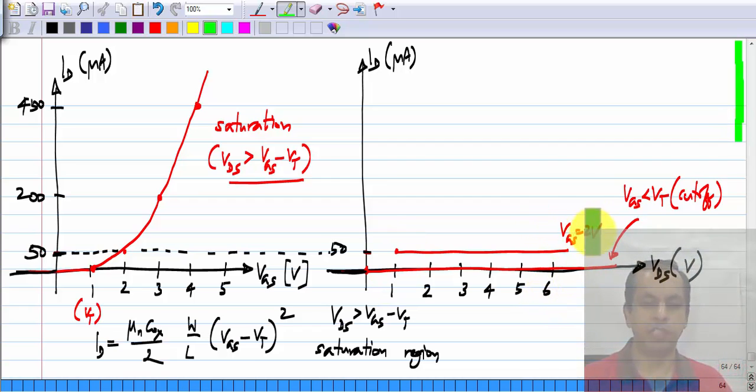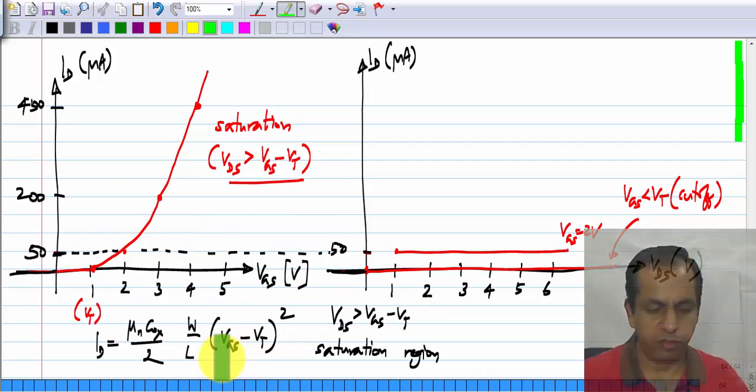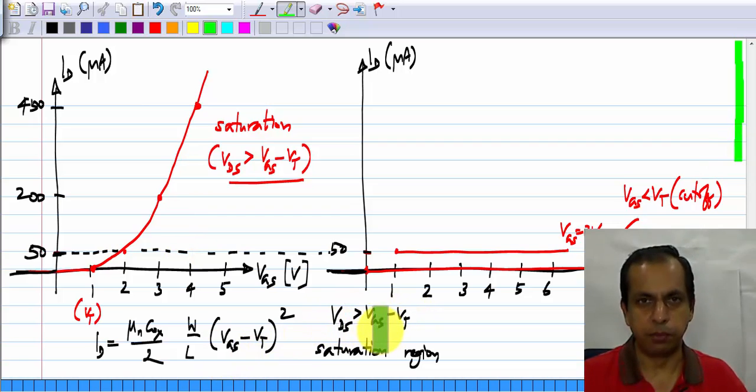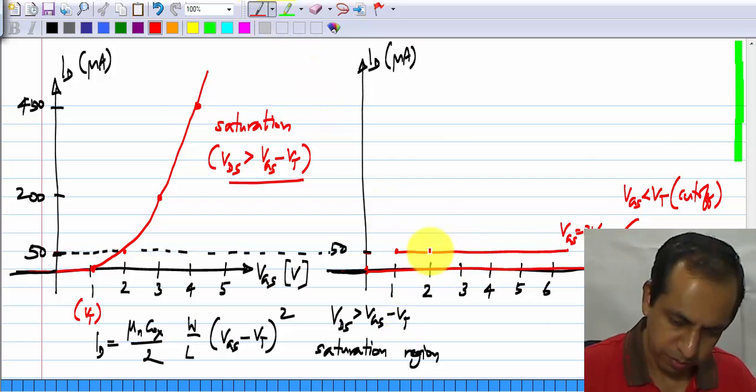Next, let us take VGS equals 3 volts, okay. If VGS equals 3 volts, then this expression evaluates to 200 microamperes as we have seen here, the second point over here, but it will be valid only when VDS is greater than VGS minus VT or VDS greater than 2 volts, okay.